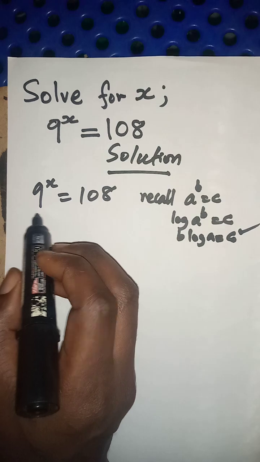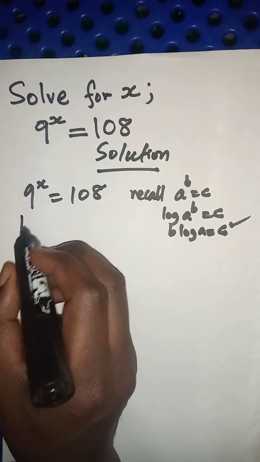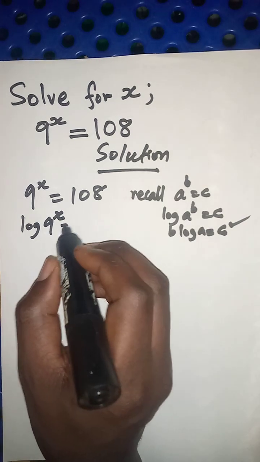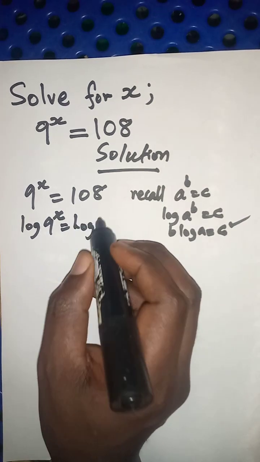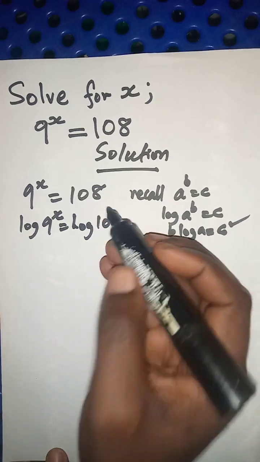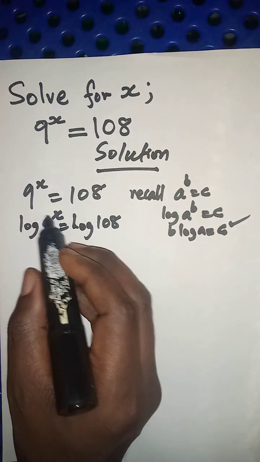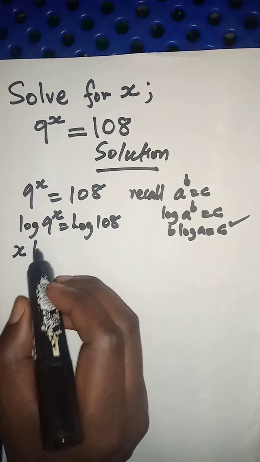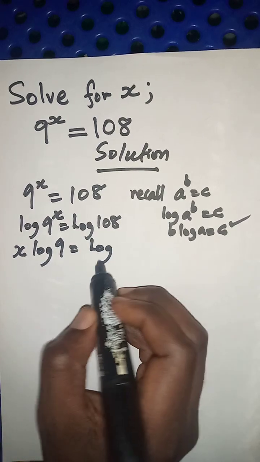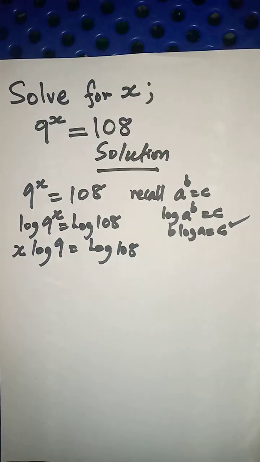So I'm going to introduce the logs here so that I have the log of 9 raised to x is equal to the log of 108. Meaning that at this stage, I'm going to drop x so that it comes to x times the log of 9 is equal to the natural log of 108.